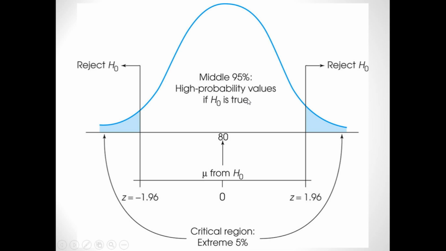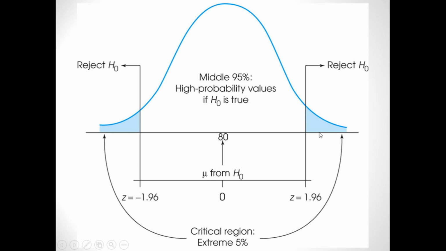The probability that the statistic is superior to 1.96 is 0.05, 5%. That is the probability that is located in the critical region.